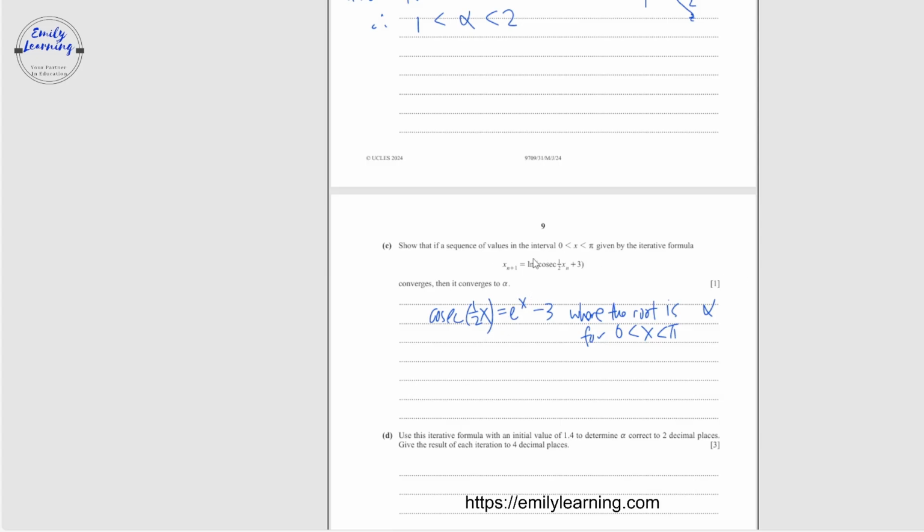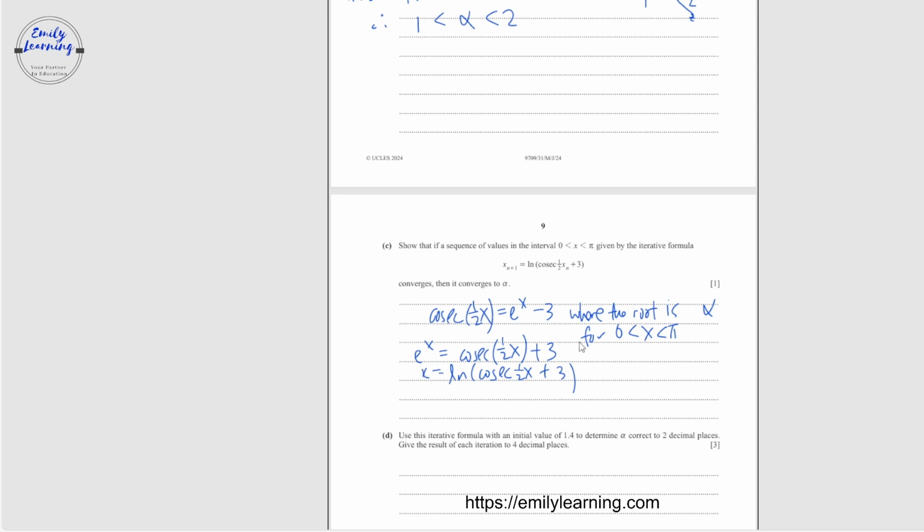Okay, so I need to see whether I can rewrite this into this. I have a ln here, so I need to put e to the power of x at one side and bring the 3 over to the other side. Next, to get rid of e, I will ln both sides. ln e to the power of x is x. Then here will be ln of cosecant half x plus 3.